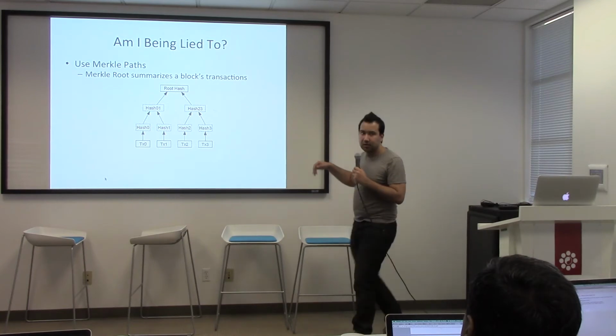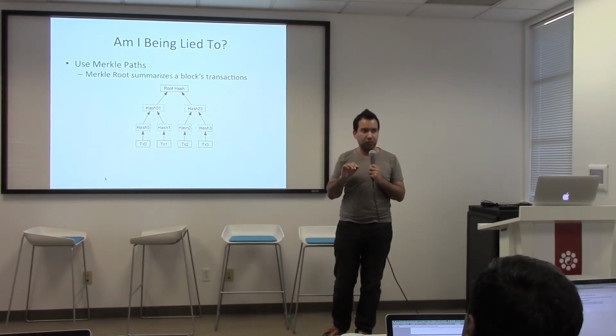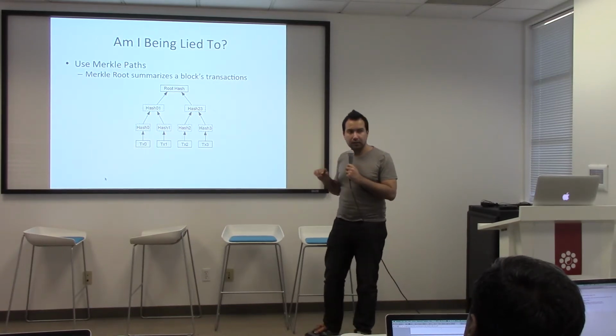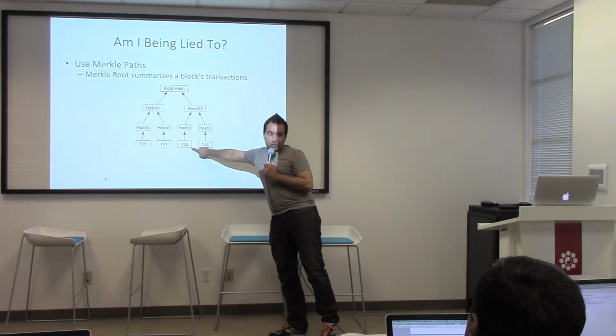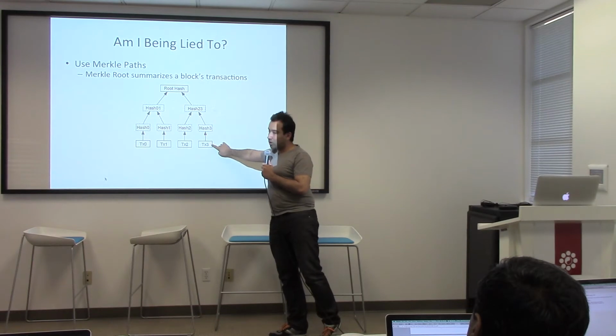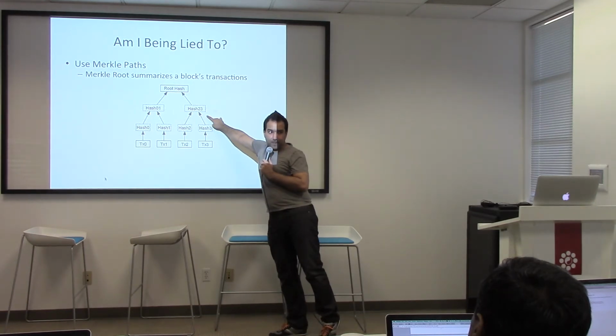You just need approximately log n to the base 2 data. And the way you do that is, you want data for this transaction 2. You are also provided with the hash for transaction 3, so you can combine this and come up with this one, right?